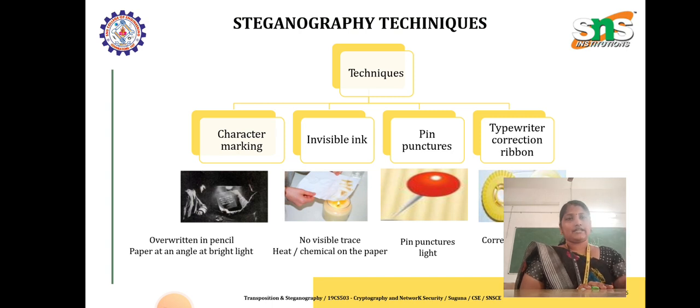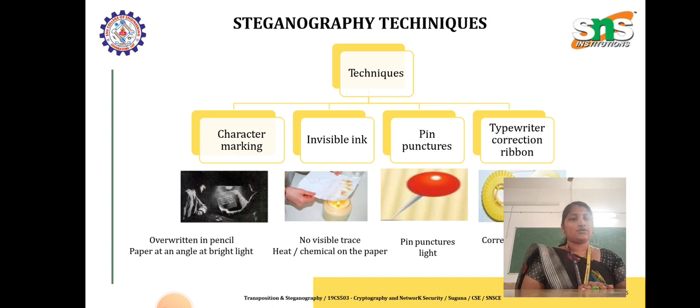Examples are candlelight, UV pen, lemon, etc. Next is pin punctures, small pin punctures on selected letters, ordinarily not visible and only visible in front of light. And next is typewriter correction ribbon, used in typewriter ribbon prints, for example Kodak photo CD. So these are the four main steganography techniques.